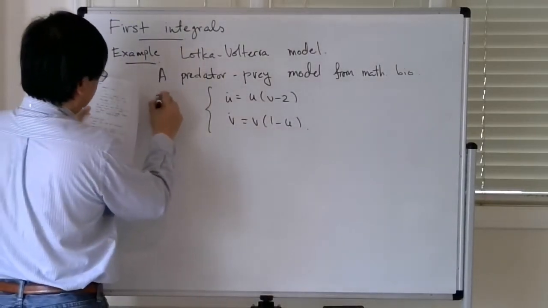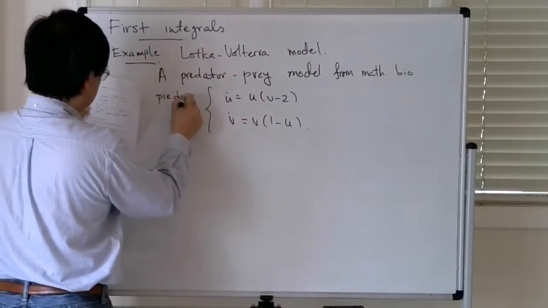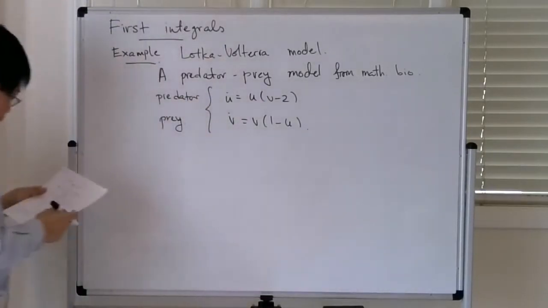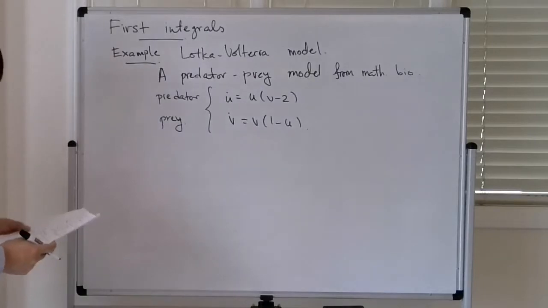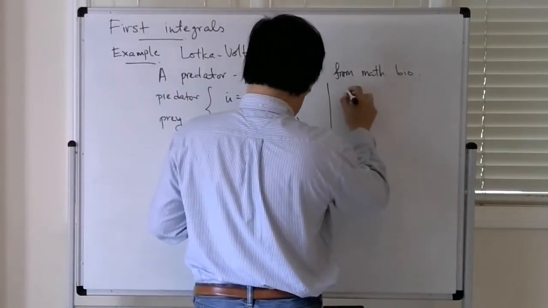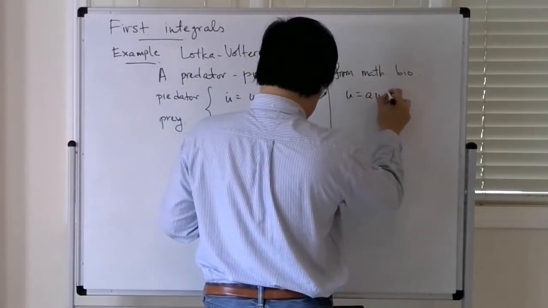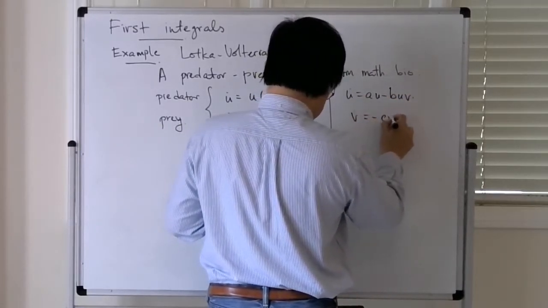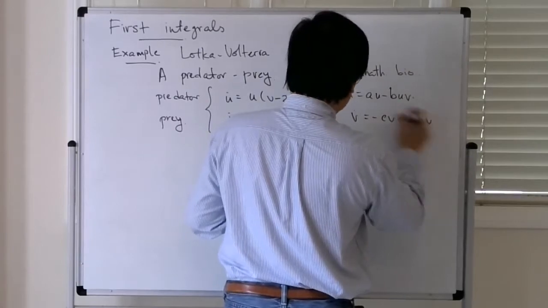Okay, so this is for the predator, and then this is for the prey. And they're part of a more general class of models of the form u dot is au minus b uv, and v dot is equal to minus c plus d uv.